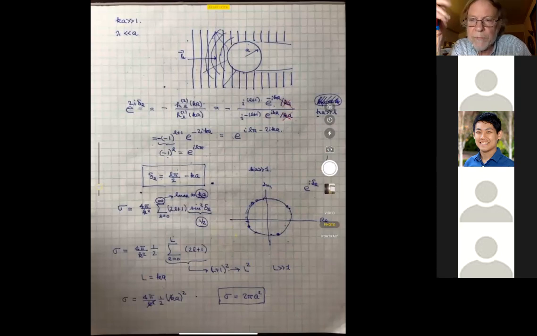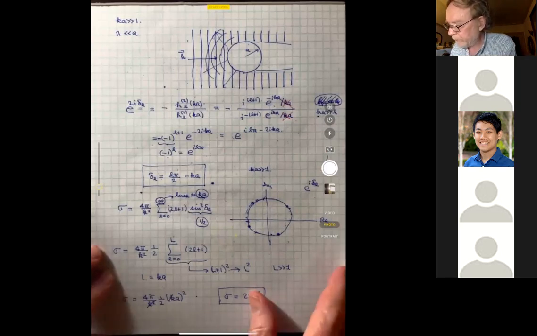In the short wavelength limit, we'd expect them to be the same, and they aren't. They're different by a factor of 2. And the question is why? Why is the quantum cross-section in this short wavelength limit twice the classical cross-section? What does that mean? So what I'd like to do now is explain to you what that means.